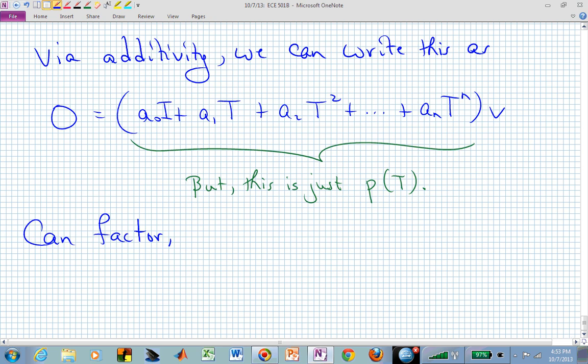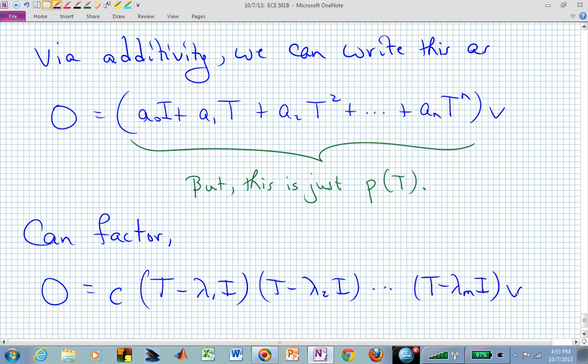And that now says that we have 0 is equal to c times T minus lambda 1 I, T minus lambda sub 2 I, etc., where I'm putting in these identity matrices to make it consistent. Otherwise, I would have a matrix minus a scalar, and that doesn't make sense. But this is now up to T minus lambda sub m I v.